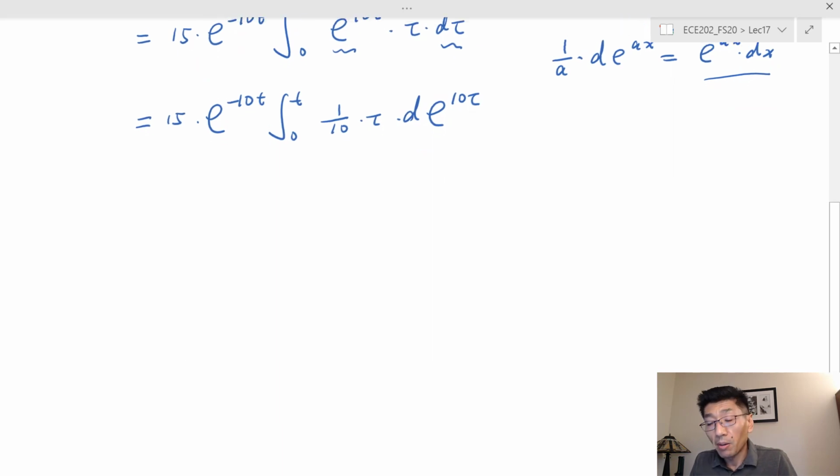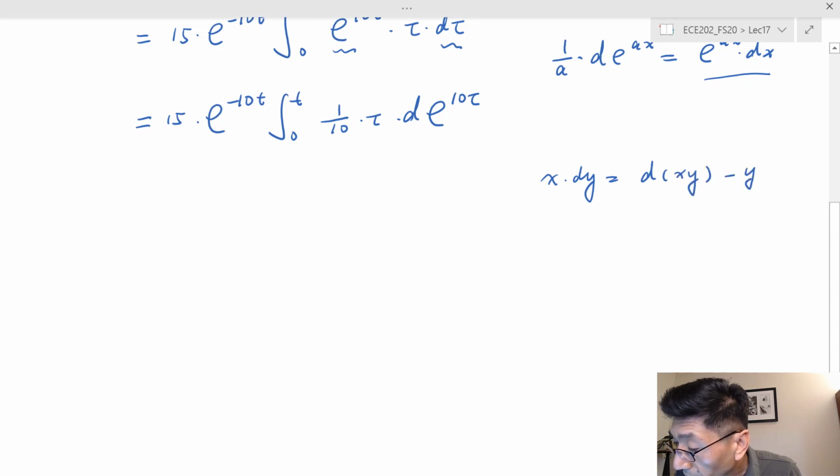We have d(xy) equal to x dy plus y dx, so x dy is equal to d(xy) minus y dx, right? In this case, we are recognizing this as tau. So this is the x, yeah, this is the y. So I have x dy.